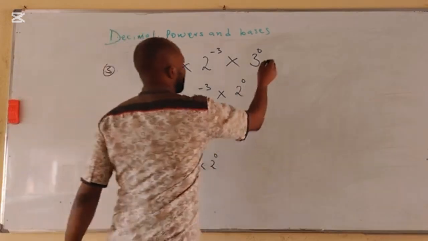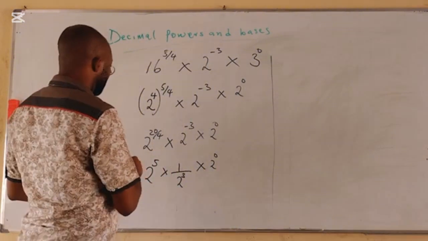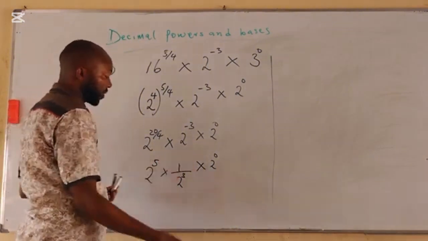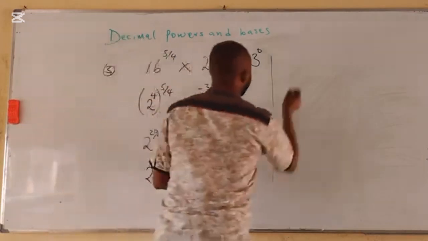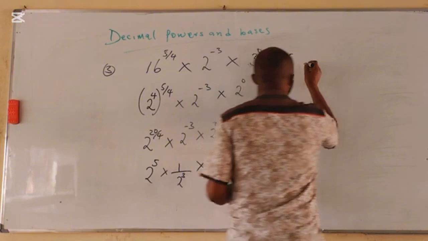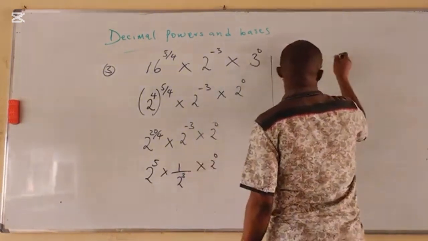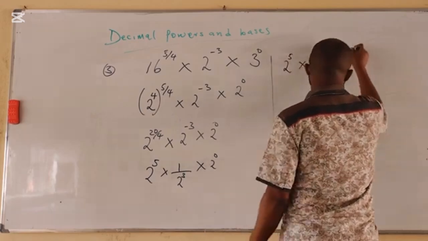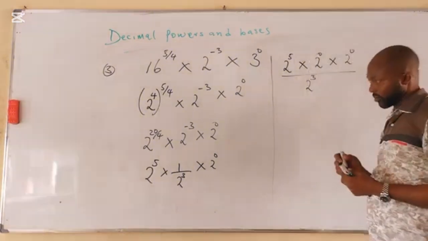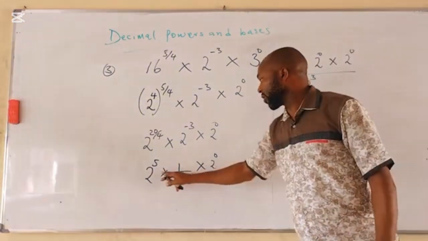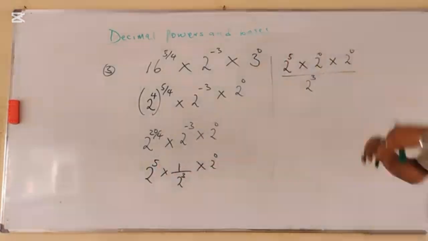So this becomes 2 raised to the power 5 times 1, and 1 is the same thing as 2 raised to the power 0, times 2 raised to the power 0 over 2 raised to the power 3. This one is the same as 3 raised to the power 0, anything raised to the power 0 is 1.